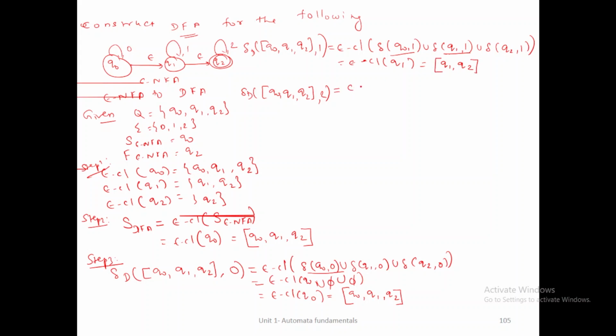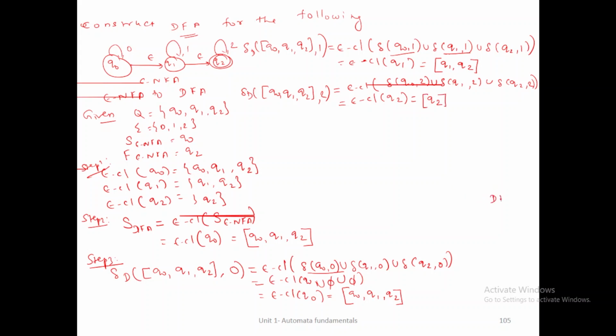Then the answer for 2 is epsilon closure of tilde of Q0 2 union Q1 2 union Q2 2. Q0 2 no path, Q1 2 no path, Q2 2 is Q2. So the answer is epsilon closure of Q2. What is epsilon closure of Q2? Q2. This is the resultant DFA state, so that should be written within square brackets.